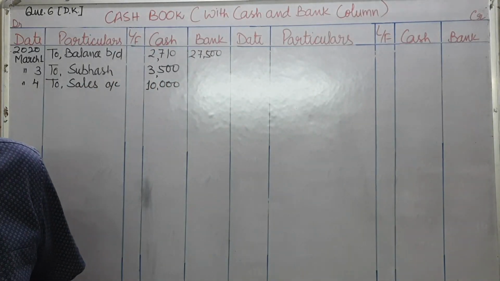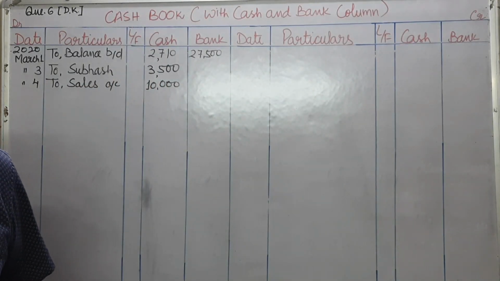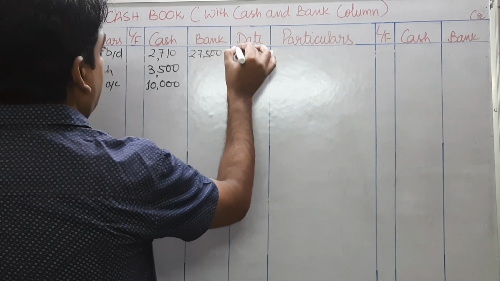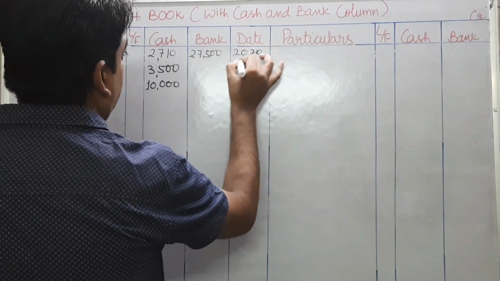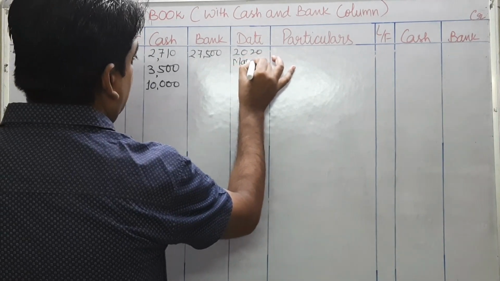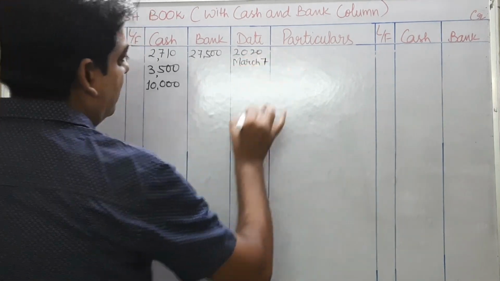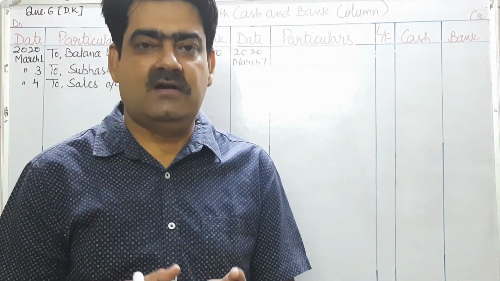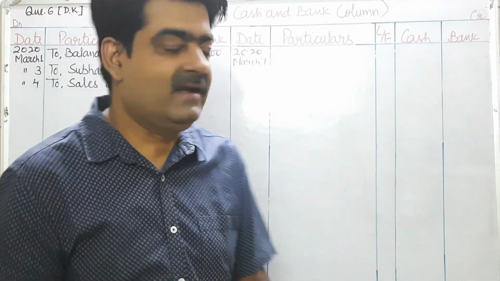Next is March 7, paid rent by check. So this is our first transaction of payment, 2020 March 7, and we are paying rent by check. So our journal entry will be rent account debit to bank account.